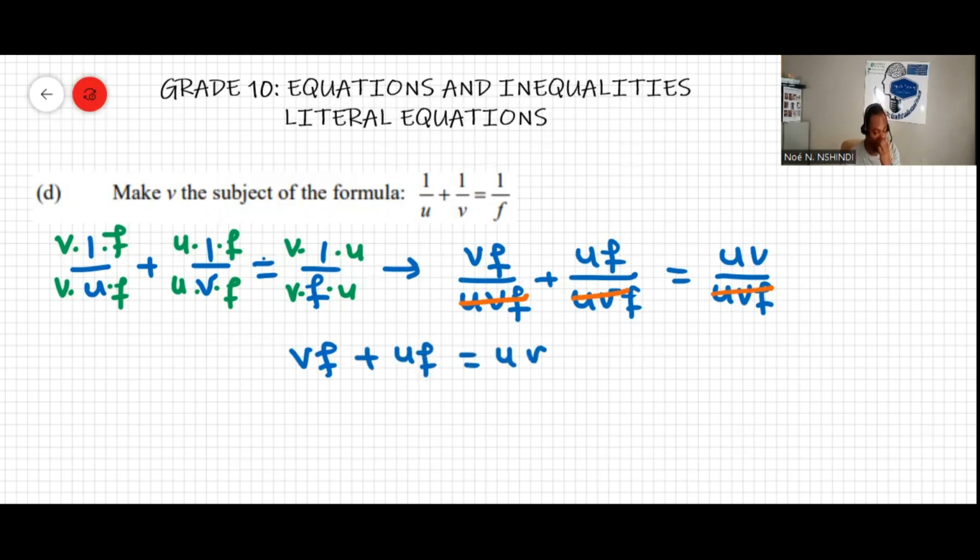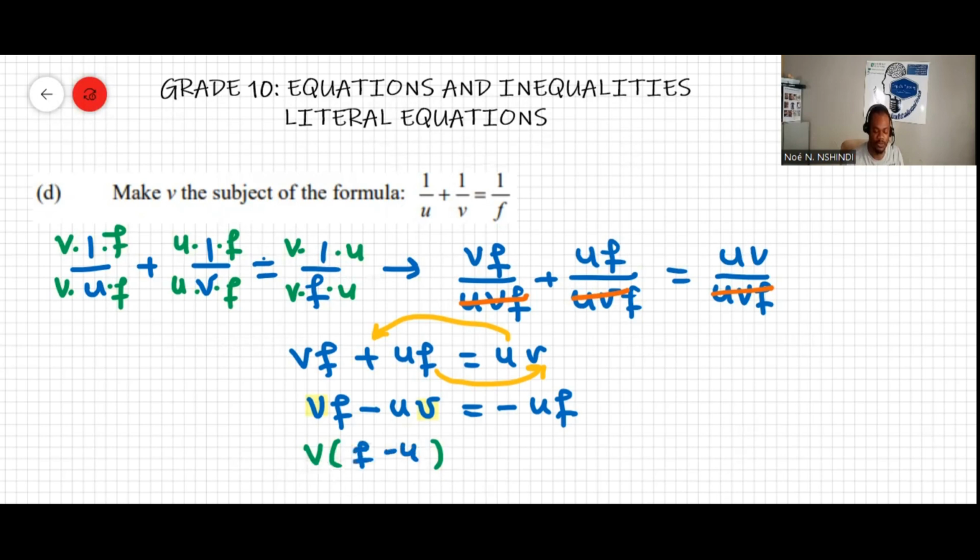Now we're looking for V, so I can just switch the sides of these two, and then this would be VF minus UV equal to negative UF. Then over there, we have V common, so we can take V as the common factor, and it's going to be V times F minus U equal to negative UF.